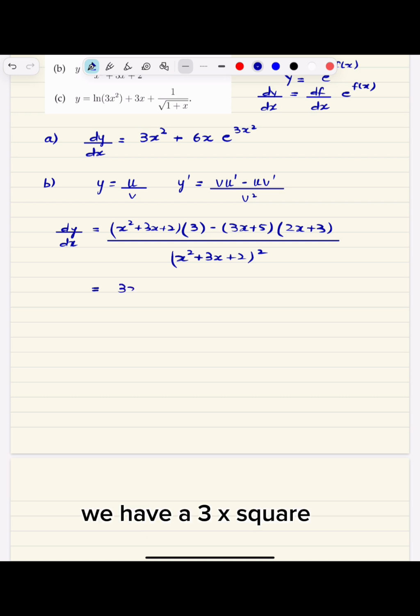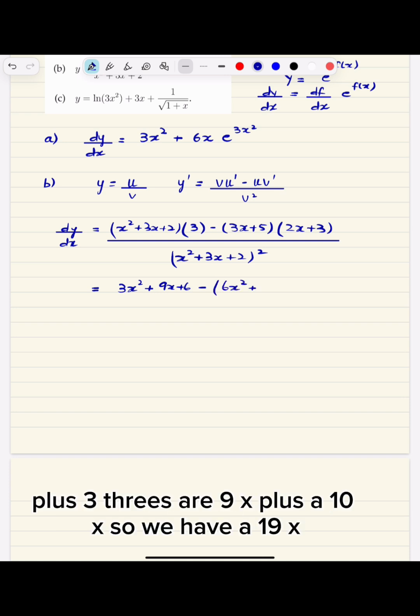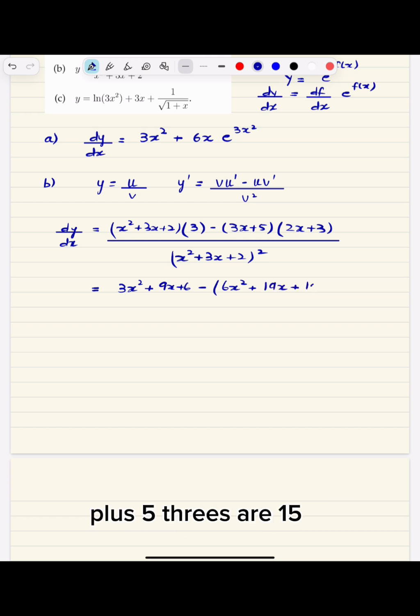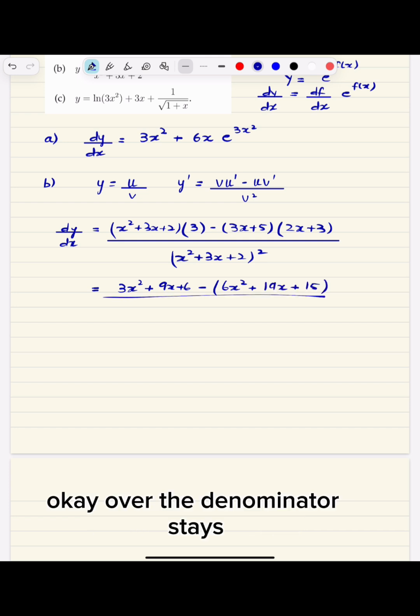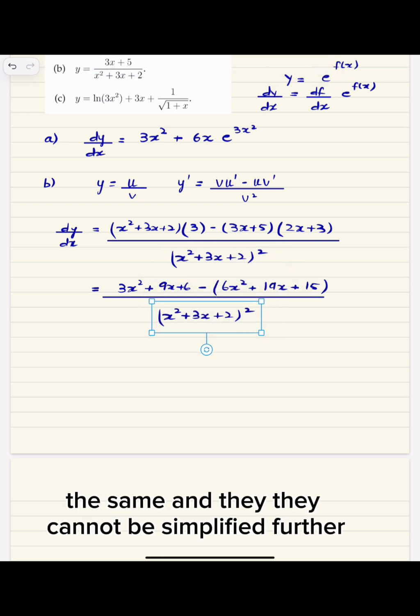We have 3x^2 plus 3 3s are 9, plus 6, minus. We have 3 2s are 6, x^2, plus 3 3s are 9, x, plus a 10x, so we have 19x, plus 5 3s are 15. Okay, over the denominator, which stays the same and cannot be simplified further.